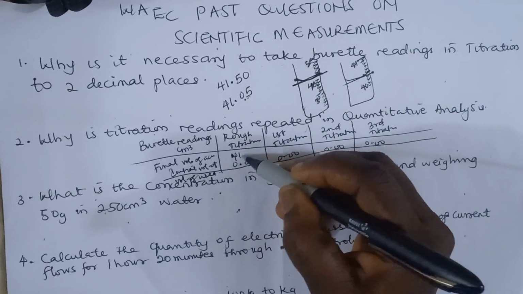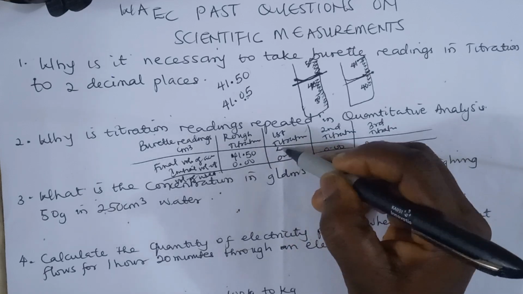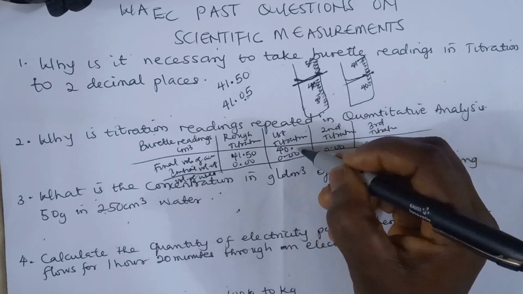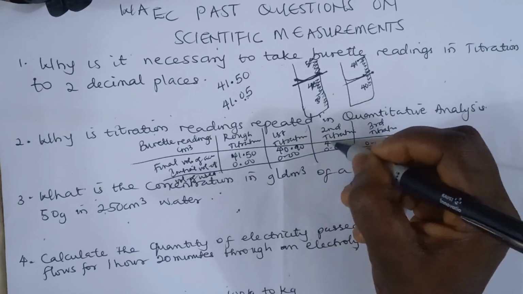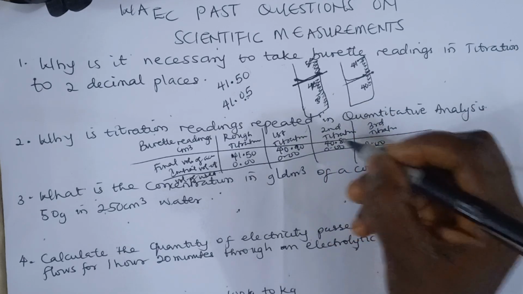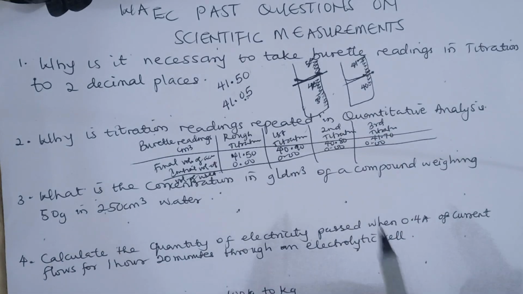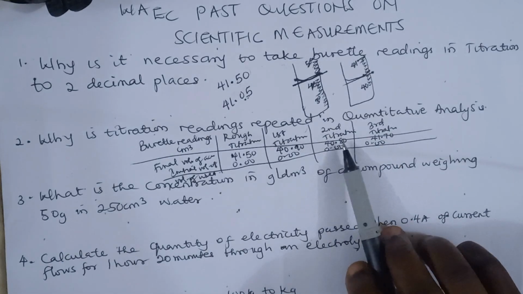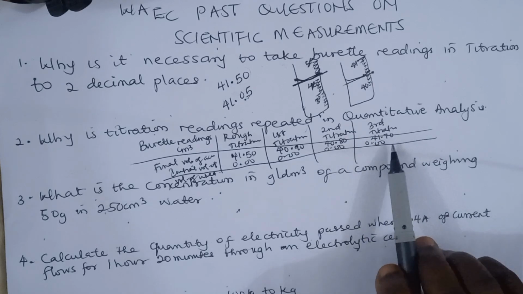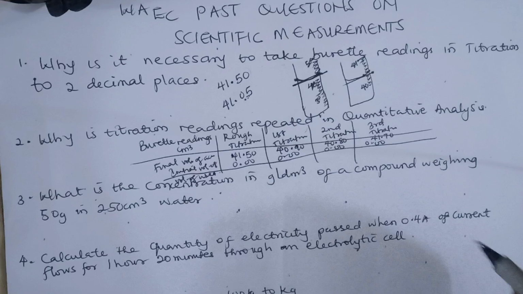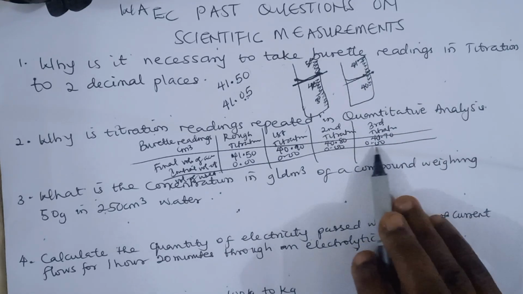Let's assume this is 41.50 as a rough, then others are 40.90, 40.80, 40.70. Now from here we can see that the more you repeat the experiment, the more accurate the results, and that 40.80, 40.70, they are very close to each other.